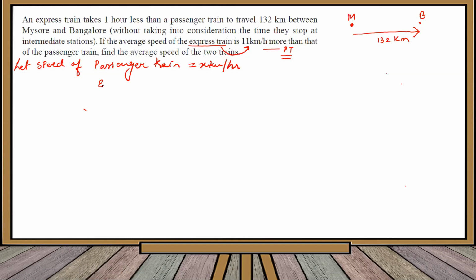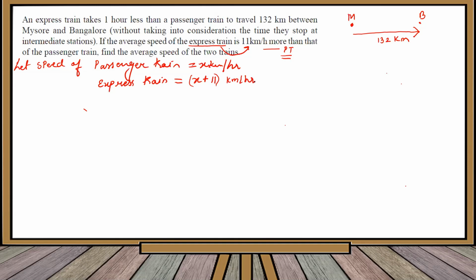So the speed of the express train will be x plus 11, because the speed is more. The average speed of the express train is 11 kilometers per hour more, so this is x plus 11 kilometers per hour.